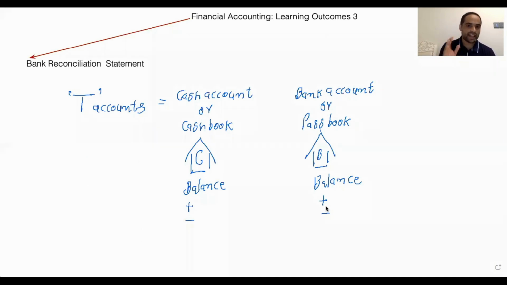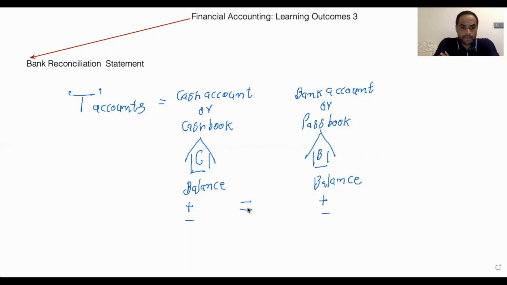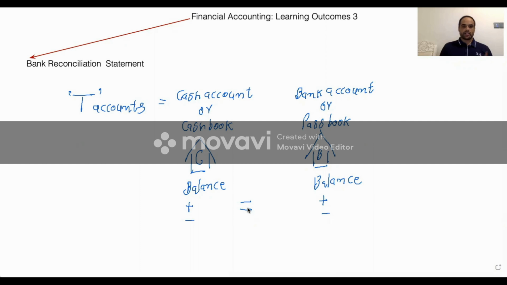So can I say that the balance between cash book and passbook should be equal? Can I say that? Yes or no? The balance between cash book and passbook should be equal, right?